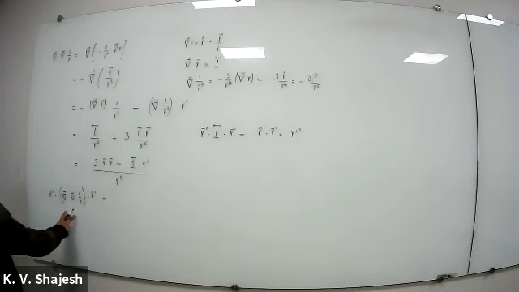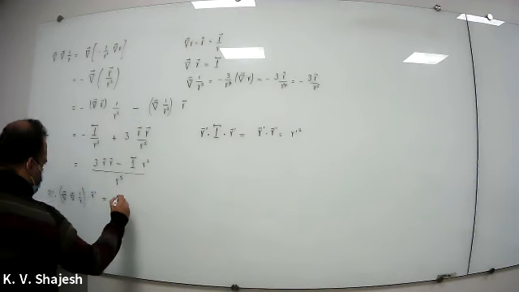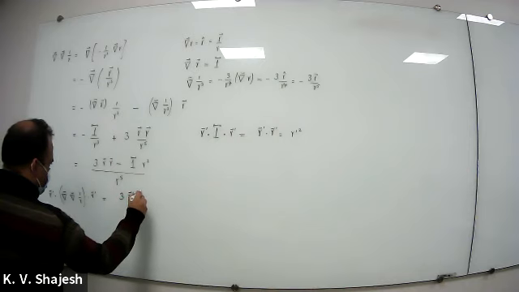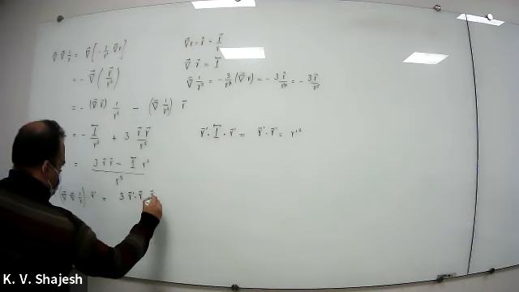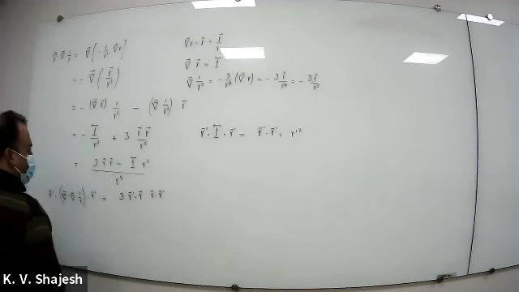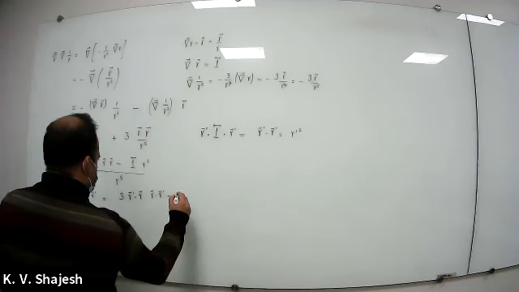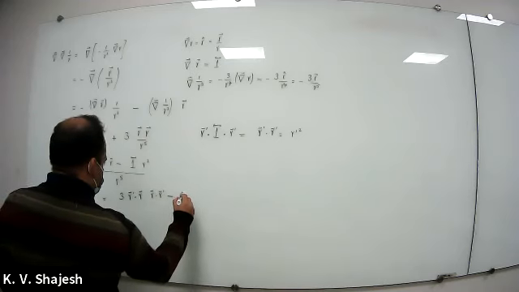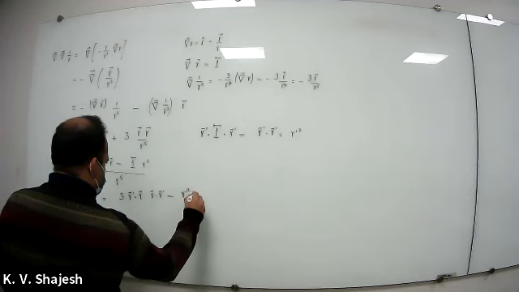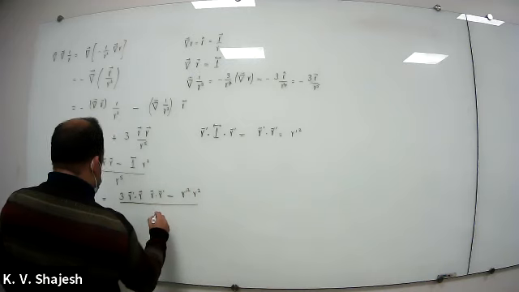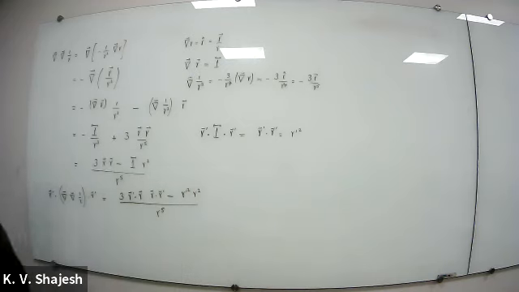So if we use those properties, it seems like this is 3 r prime dotted with r, r dotted with r prime, minus r prime square, and divided by r raised to 5. That's what it looks like.